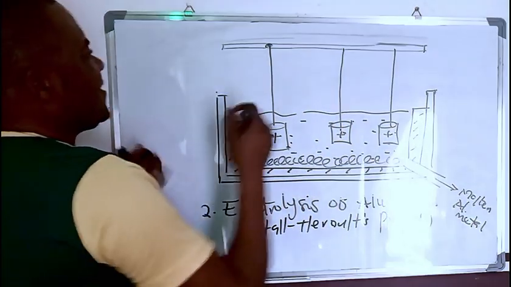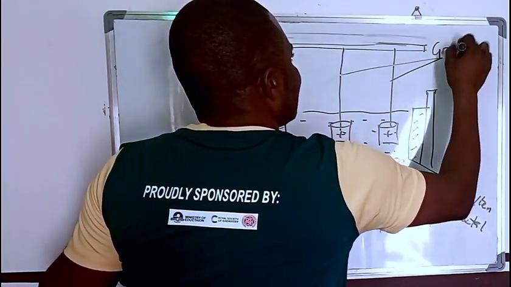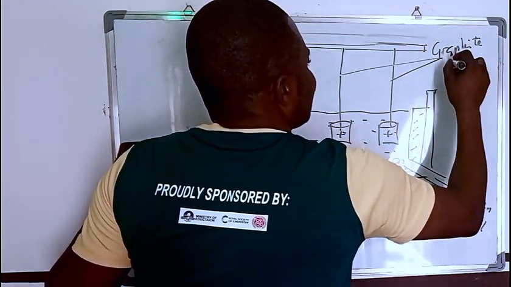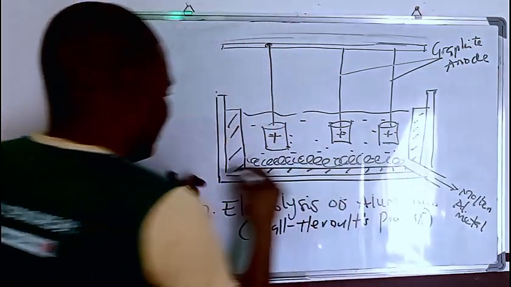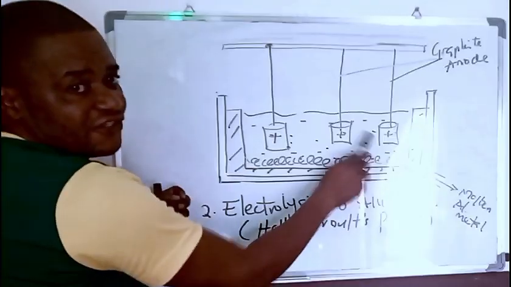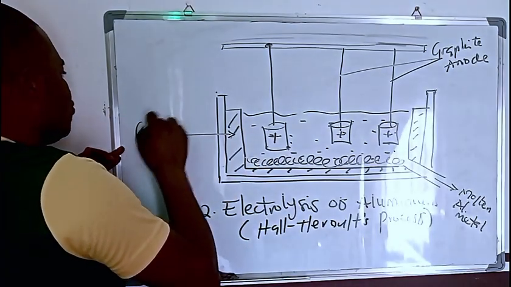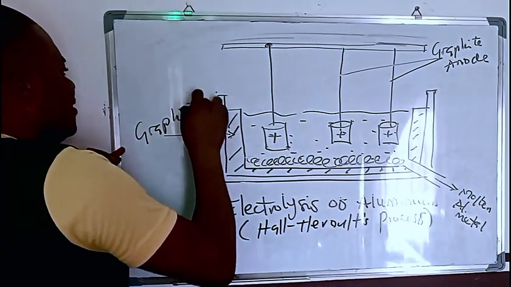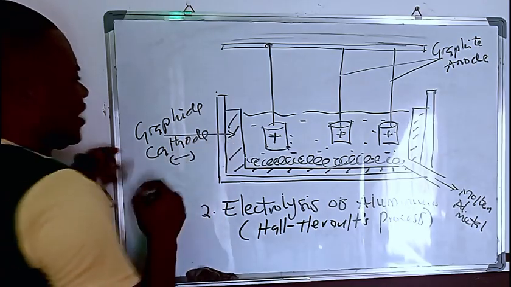Now, this is actually a graphite anode. That is why it's positively charged. And this lining is also a graphite cathode, so it's negatively charged.